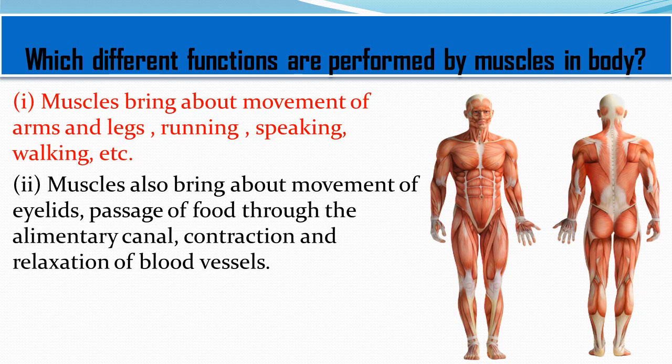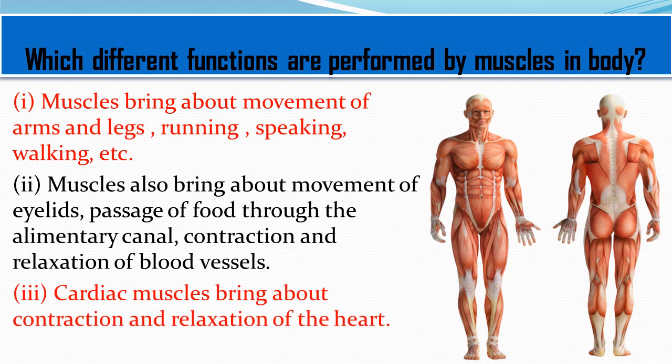This is possible only by the muscular movement of the blood vessels like capillaries, arteries, veins. And cardiac muscle related to the heart brings about the contraction and relaxation of the heart. We know our heart contracts and relaxes 72 times in 1 minute.